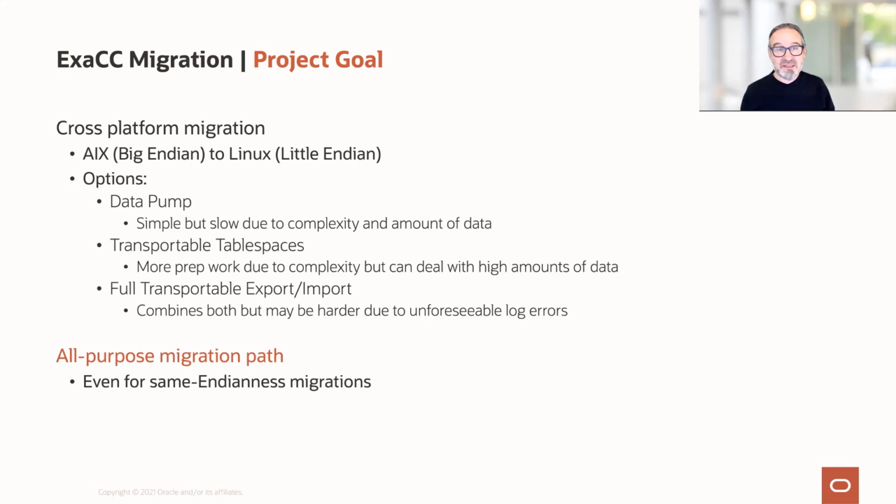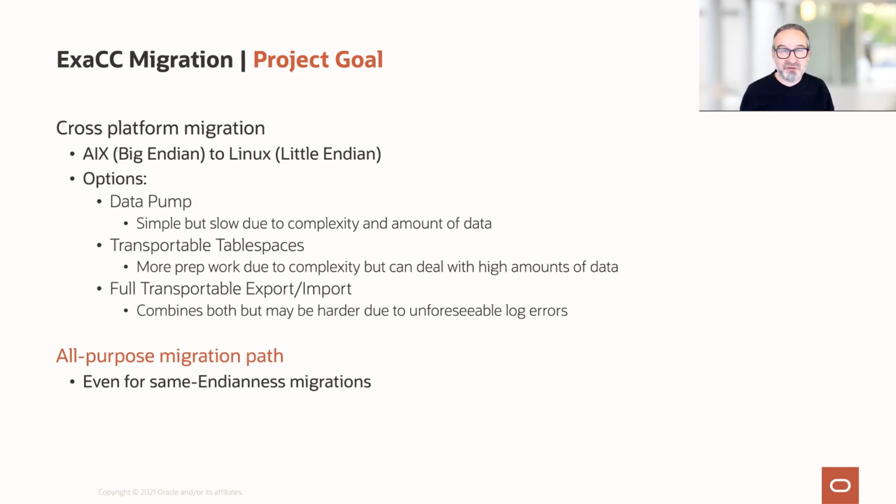Transportable table spaces, that would be a good idea, maybe with RMAN incremental backups. But still, we know that we have to program a little bit around it, or full transportable export import, which in this case generated with the versions we had some unforeseeable log errors. The goal was we find an all-purpose migration path which applies to all databases.